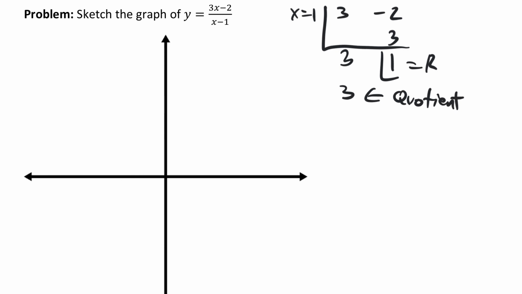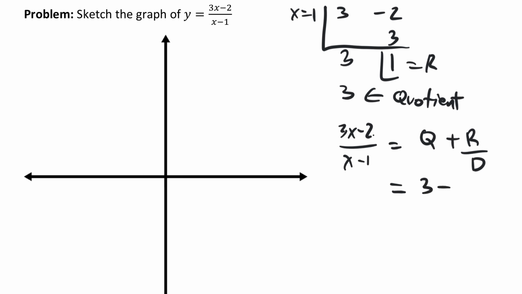And so if you remember, we can write 3x minus 2 over x minus 1 as quotient plus remainder over divisor. And if we write it in our more typical form, it's 1 over x minus 1 plus 3. There we go. This is sometimes called standard form.